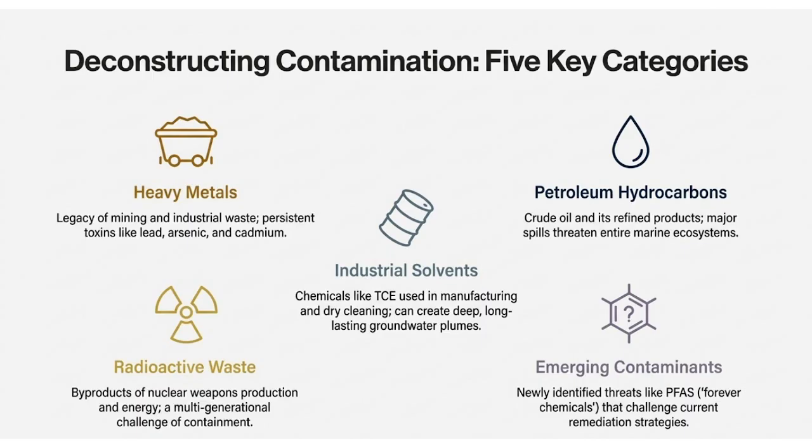Okay, so here we have the definition of the source. When we talk about the sources, there are 5 key categories. What are the 5 key categories? The first one is heavy metals, second is petroleum hydrocarbons, third is industrial solvents, fourth is radioactive waste, and the fifth one is emerging contaminants. Say for example PFAS, which is also regarded as the forever chemical, and it stays within the environment for unlimited time.